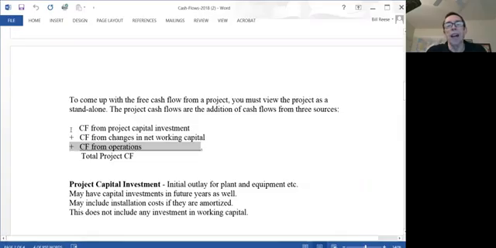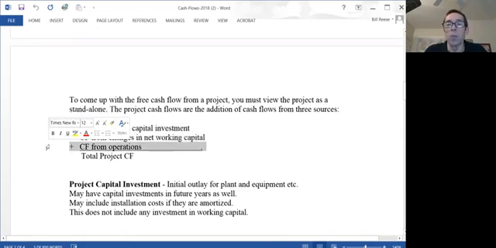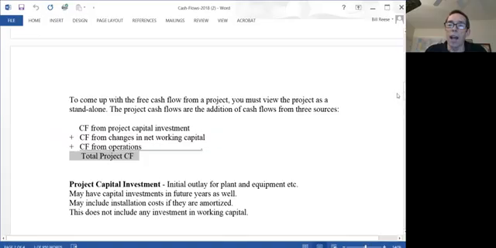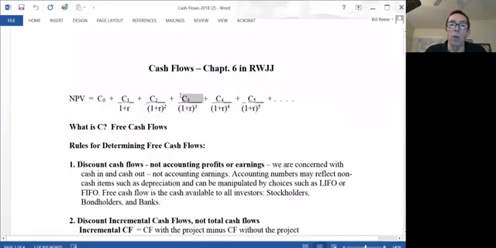And most of the time in years 1 through whatever, these are going to be zero, and your cash flow from operations is going to be most of your cash flow. That gives us our project cash flow, and the project cash flow is going to be the cash flow that goes here. In other words, if this was in time 3, the project cash flow goes up there as the cash flow at time 3.